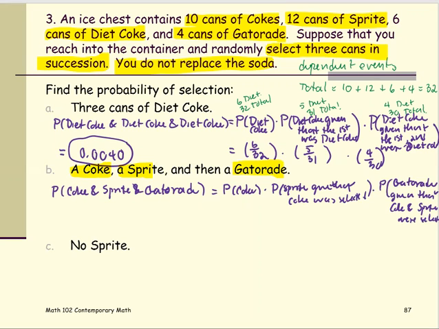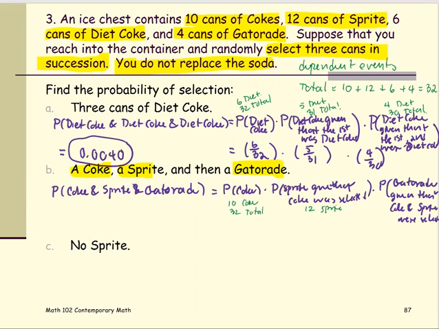Analyzing again. For the probability of getting the Coke, we start with the 10 cans of Coke, so we have 10 Coke to begin with, and the total is 32 cans in the ice chest. After one Coke is selected, how many Sprites are in the chest? We have 12 Sprites.